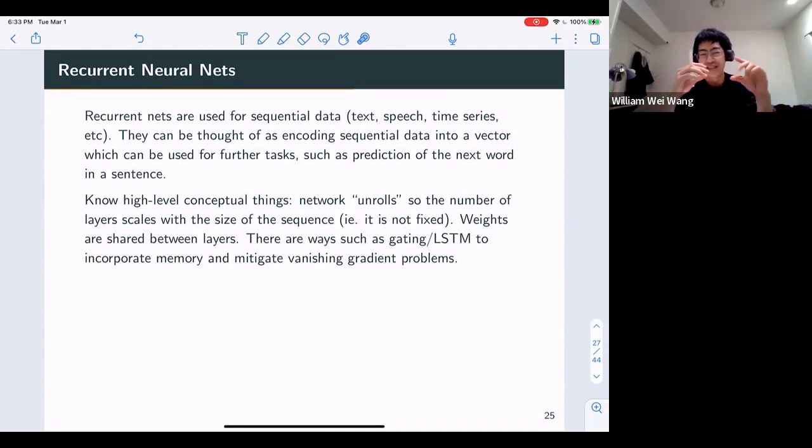It does that by unfolding a neural network so that it has a number of layers that depends on the number of words in the sentence. You should review this, but I don't have time to cover it today, so I will keep going.